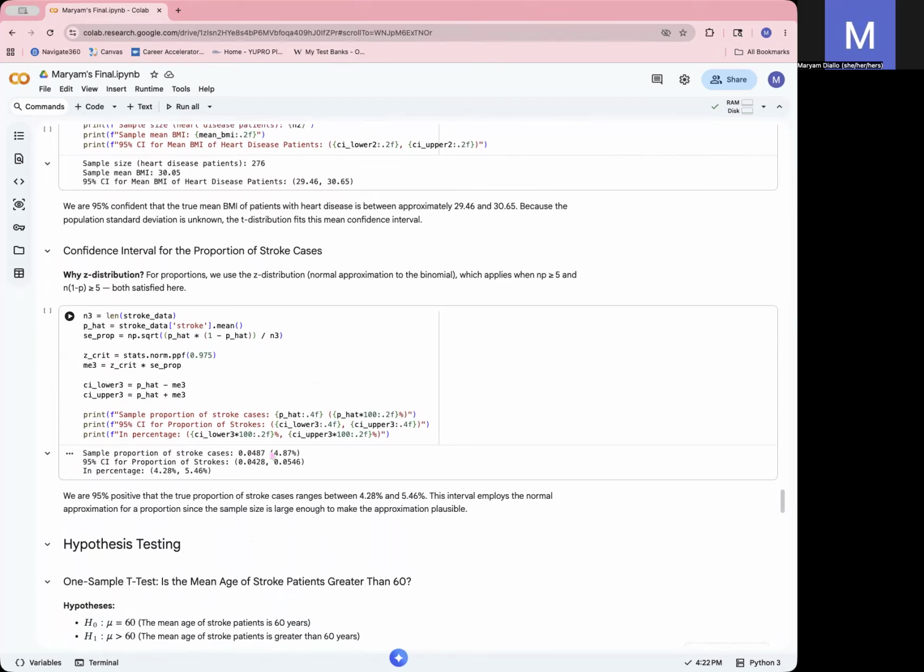We had about a 95% confidence interval for the stroke proportion ranging between 4.28% and 5.46%. So we're 95% confident the true proportion of stroke cases falls in that range.